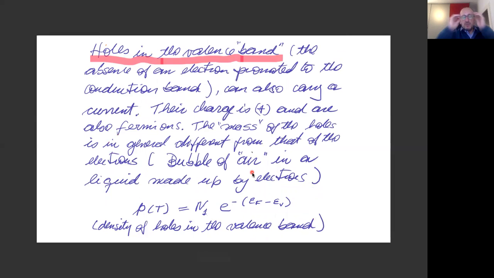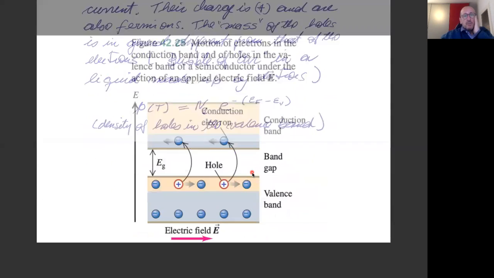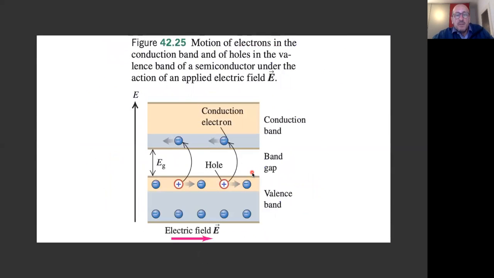Now we come to the realization that, let me go to the picture, because the pictures are more clear first. When we excite electrons into the conduction band, the gray part here is where the electrons are, and this here is where we're leaving holes behind.